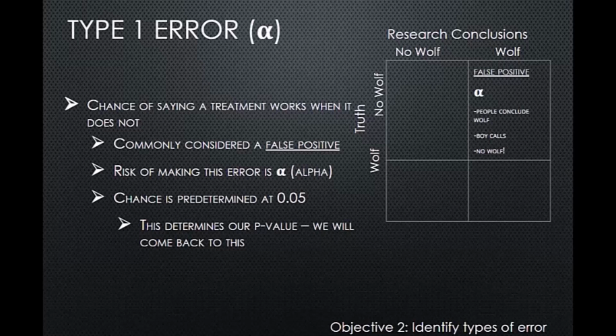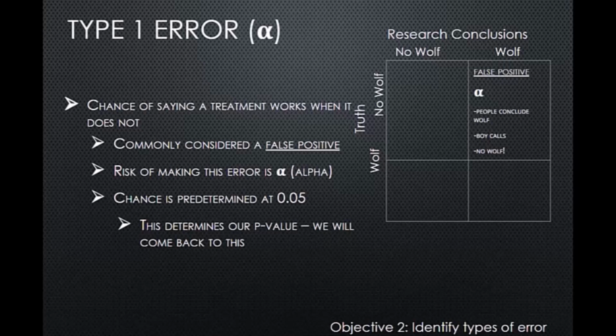Okay, this is our type 1 error, our alpha, also known as our false positive. So in our research articles, and statistically speaking, it is the risk of making this error that is called alpha. And this is going to be predetermined as 0.05. And this will determine our p-value, which we're not going to focus on and talk about here, but we will get to later.